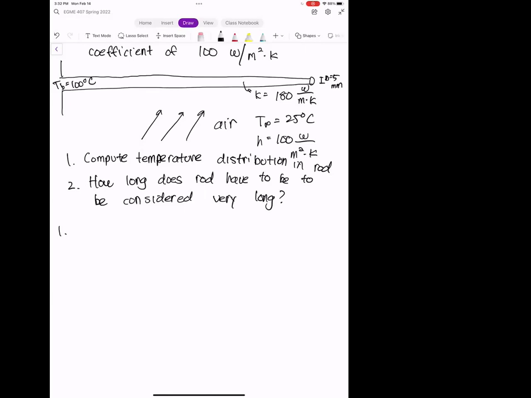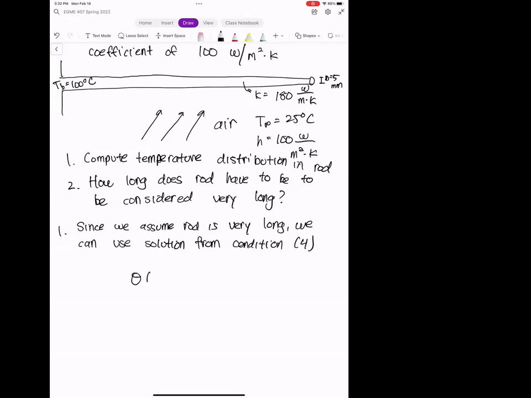Since we're assuming this rod is very long, we can use our temperature solution from condition 4, the solution when we assume it's very long.